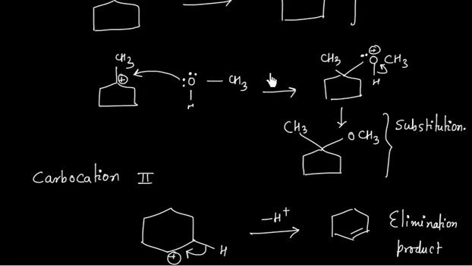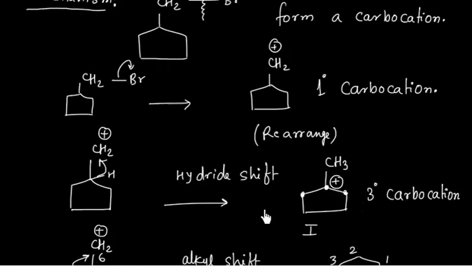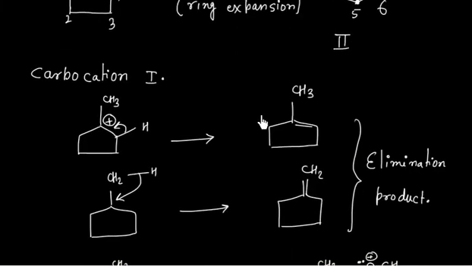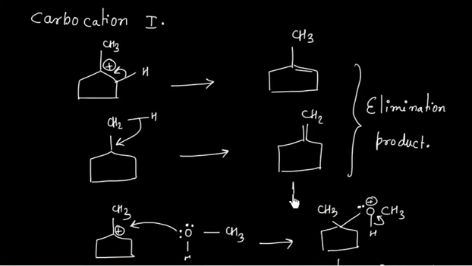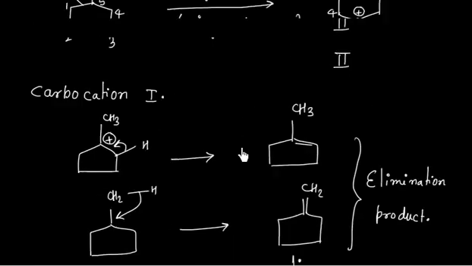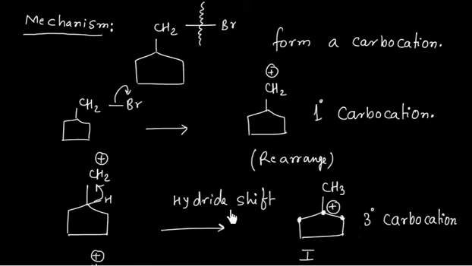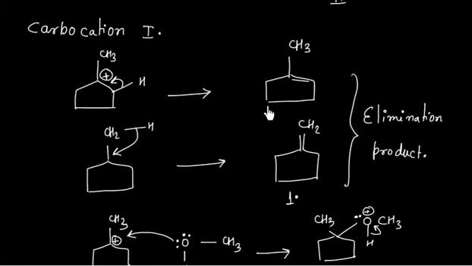So let us compare these products with the products given. So we have a 5-membered ring and a double bond CH2, that is product number 1. CH3 and a double bond inside the ring, that is product number 2.